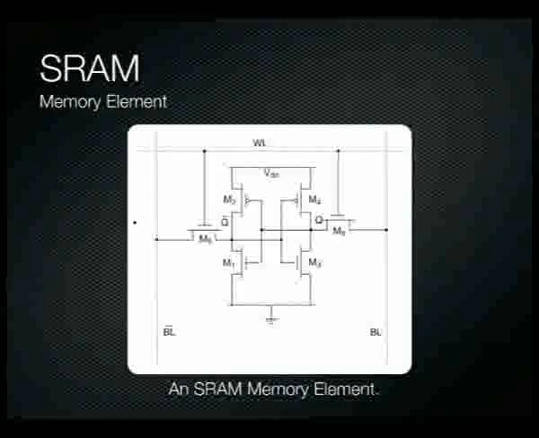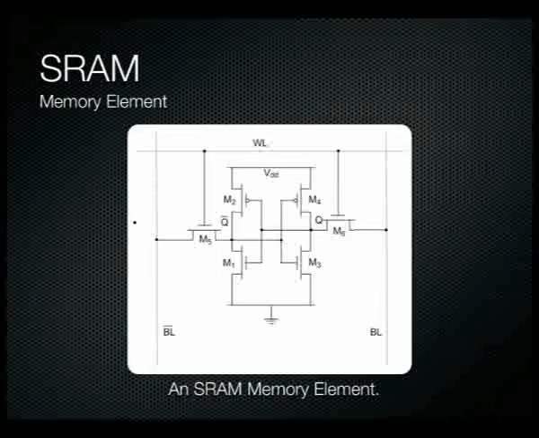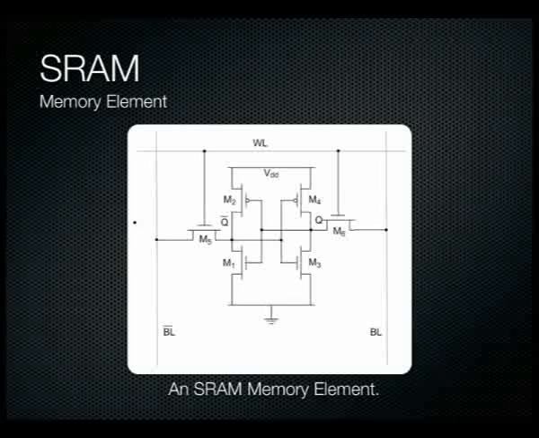So an SRAM memory element, as I said, consists of 6 transistors, and these 6 transistors are effectively configured in an RS latch-like configuration. So therefore, using the word line, we can turn on a particular latch, and therefore we can read the particular bit value off the BL line, the bit line. The bit line would be connected to the output buffers, which would then drive that particular bit out the data bus. But one of the byproducts of this particular memory element is the fact we have the not BL line as well.